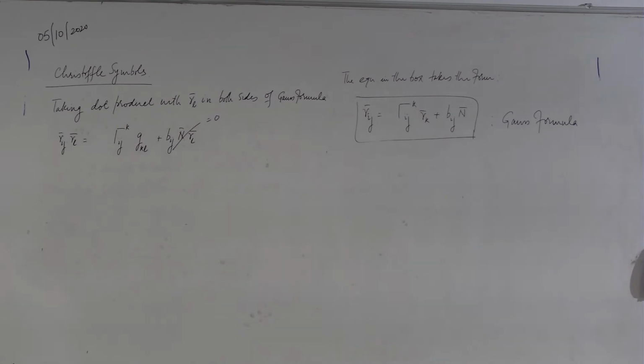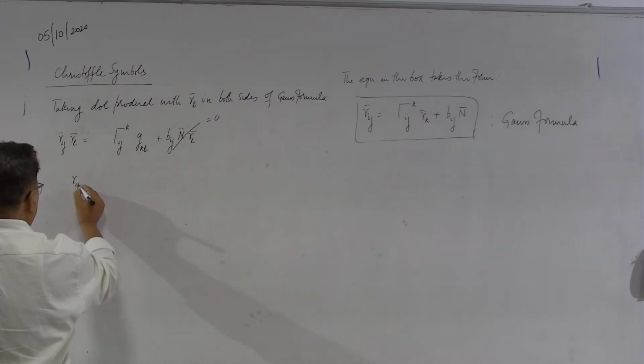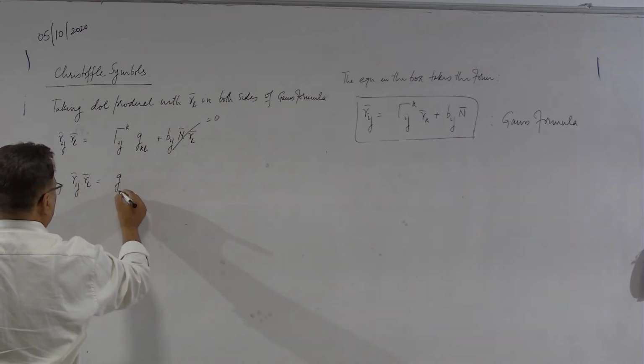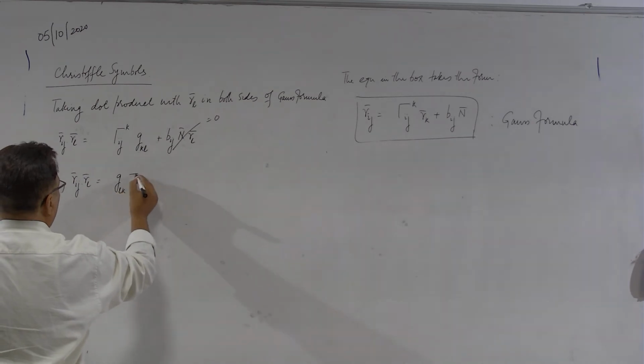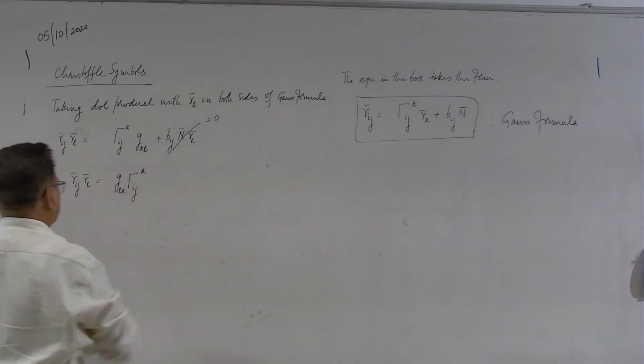So, this goes off. So, what do you see here, that r_ij dot r_l equals g_kl or g_lk into k_ij.